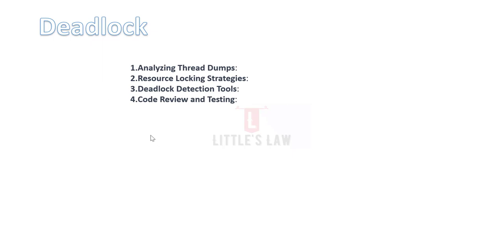I'm just giving you a simple example of how a typical deadlock occurs. We have two threads, thread A and thread B. Thread A acquires a lock on resource X and thread B acquires a lock on resource Y. Now thread A attempts to acquire a lock on resource Y, but it's already held by thread B, so thread A becomes blocked waiting for resource Y to be released.